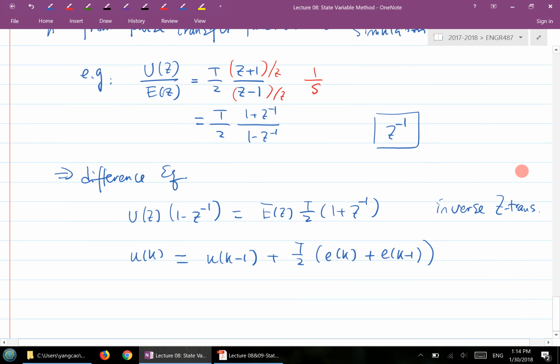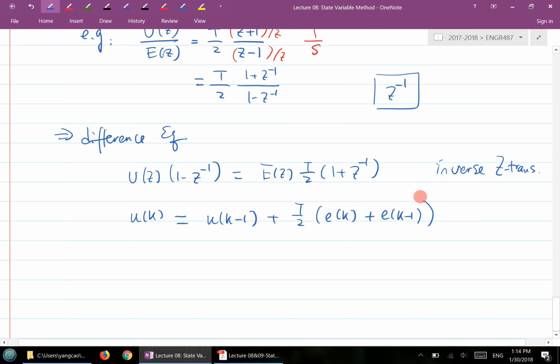So that's a difference equation, from pulse transfer function to difference equation. And this z to the power -1 comes in handy because it basically just represents a one-step delay. Once we're here, we're ready to build our simulation diagram.